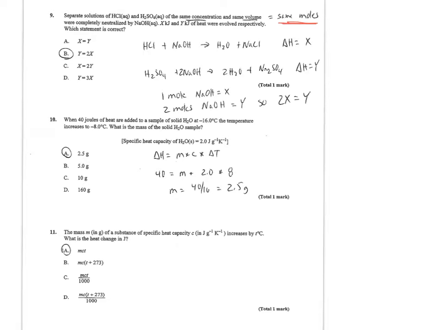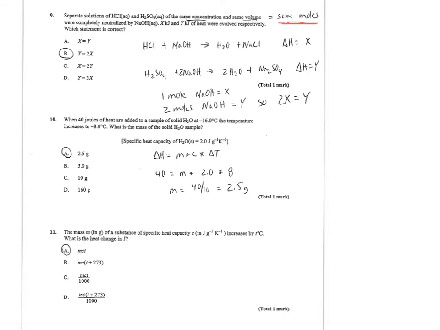So if it took 1 mole of NaOH to neutralize for X, then it would take twice as much NaOH to neutralize for Y. So in other words, Y is equal to 2X. I needed twice as much NaOH, and the equation even tells me that when I write that out. I need 2 NaOH to neutralize the H2SO4. So B, Y equals 2X.